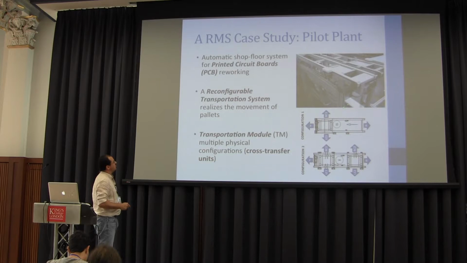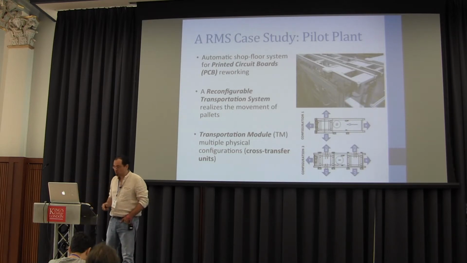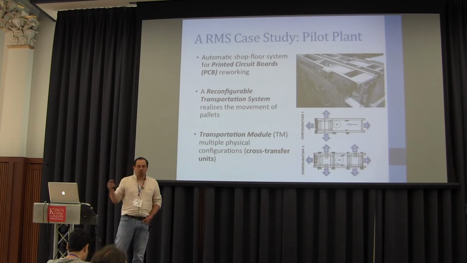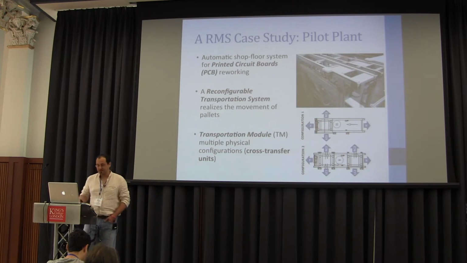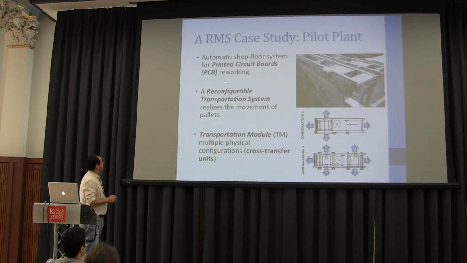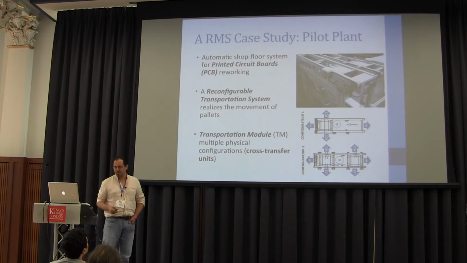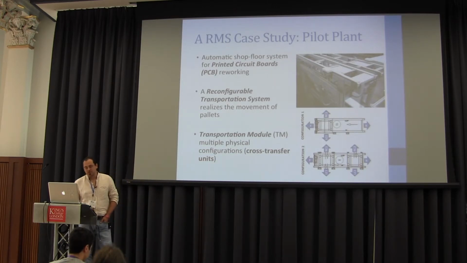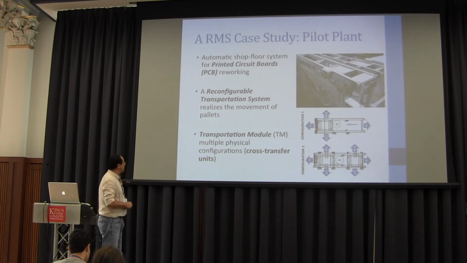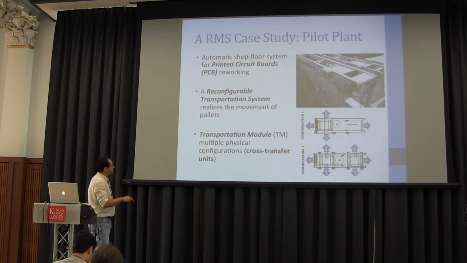In the project there was a real pilot plant that was basically an automatic shop floor system for printed circuit board working. There were several machines for testing, for fixing, for shredding, and all the machines were connected through a reconfigurable transportation system, realizing the movement of pallets and then of PCBs to be tested and worked. In our work we focused on the transportation module, the single component of the overall transportation system.